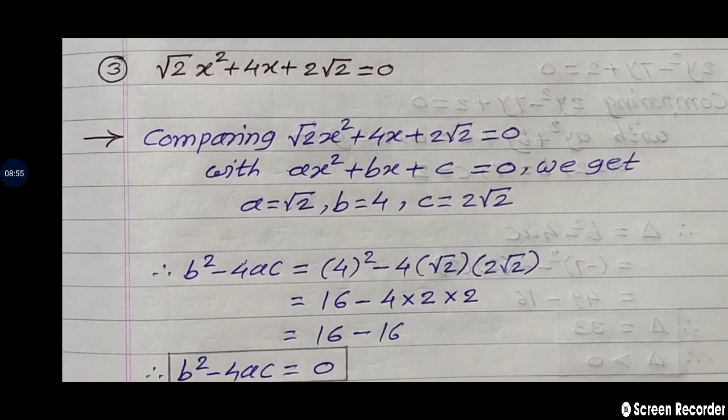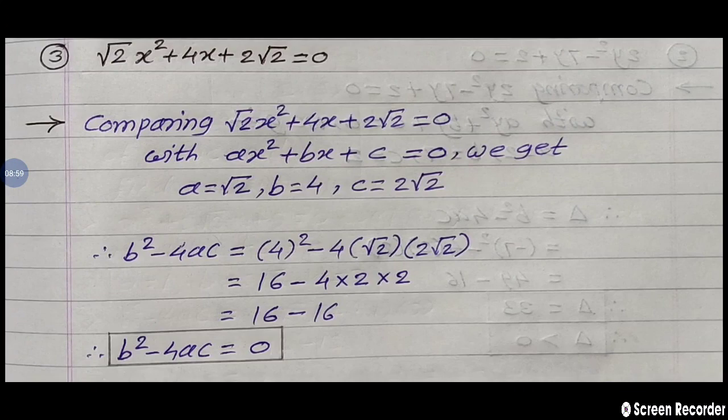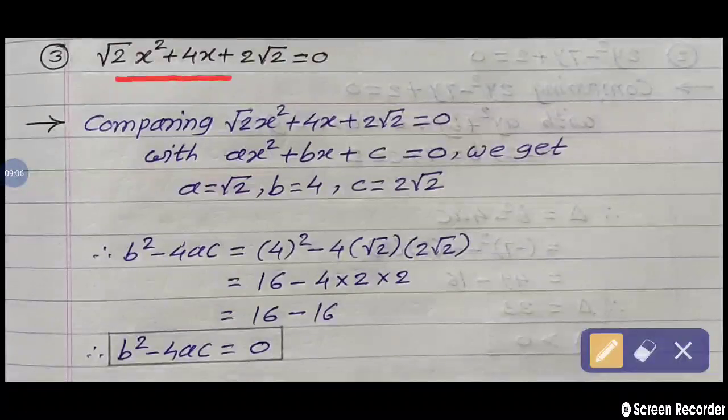So question number 3, that is given in this practice set 2.5. The question is root 2x square plus 4x plus 2 root 2 equal to 0. Now the answer.